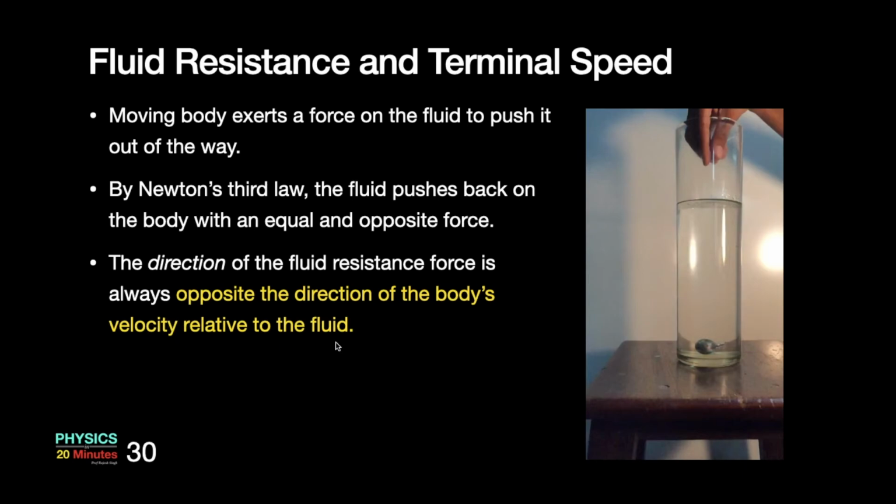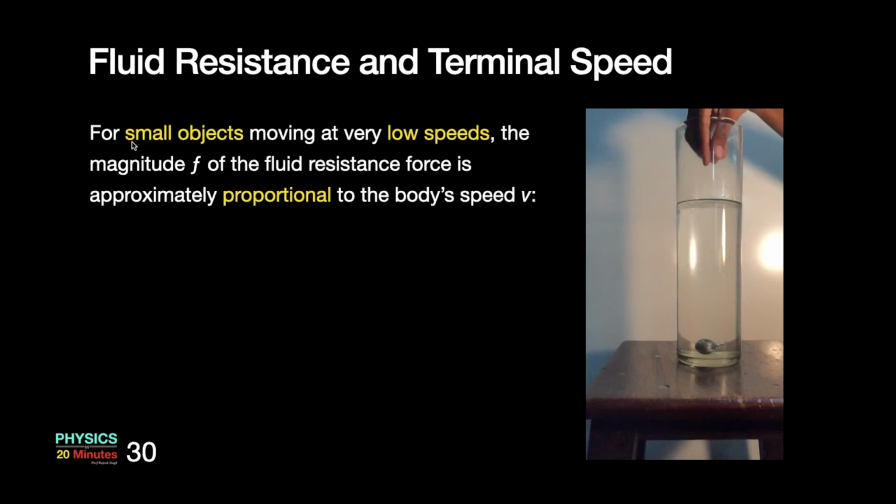If you have small objects moving at relatively low speeds, then the magnitude of the fluid resistance is proportional to the body's speed. F is proportional to the velocity of the body.